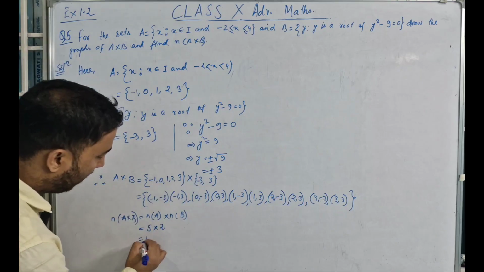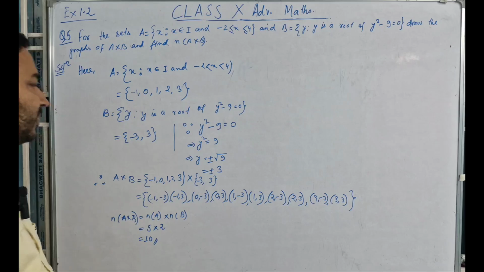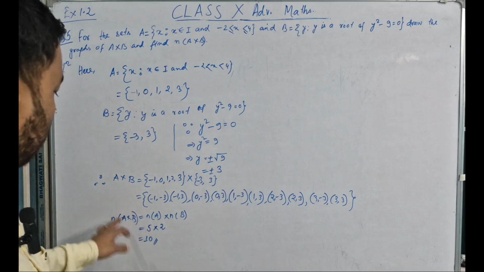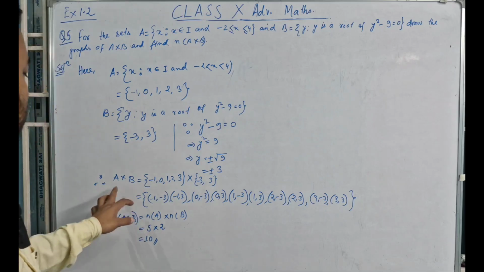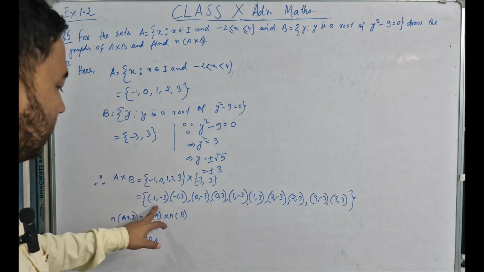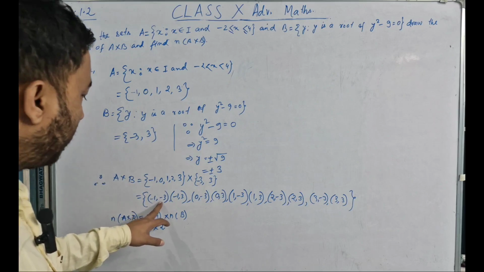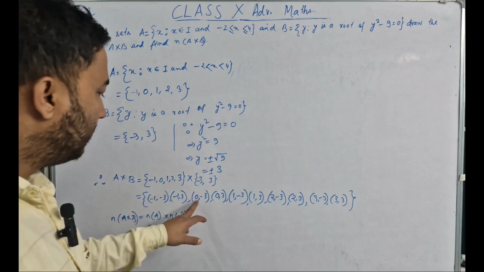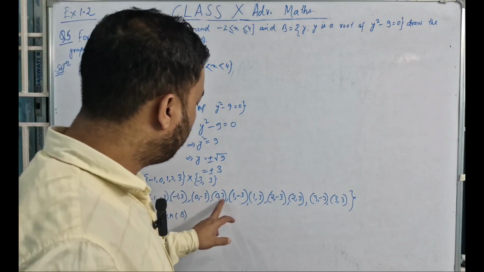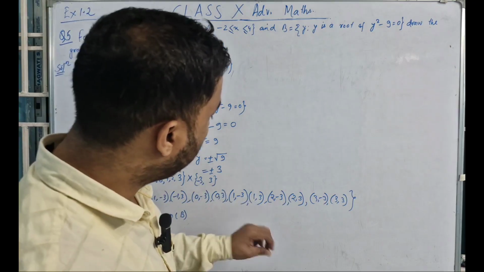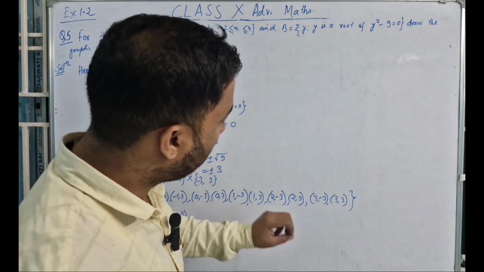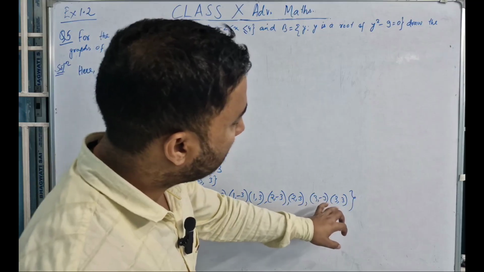So in total you have 10 elements, right? The answer is that 10 elements will be there in the set A cross B, and the elements are these: (minus 1, minus 3), (minus 1, 3), (0, minus 3), (0, 3), (1, minus 3), (1, 3), (2, minus 3), (2, 3), (3, minus 3), (3, 3).